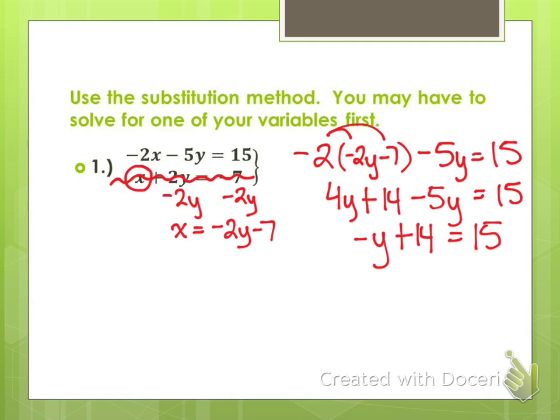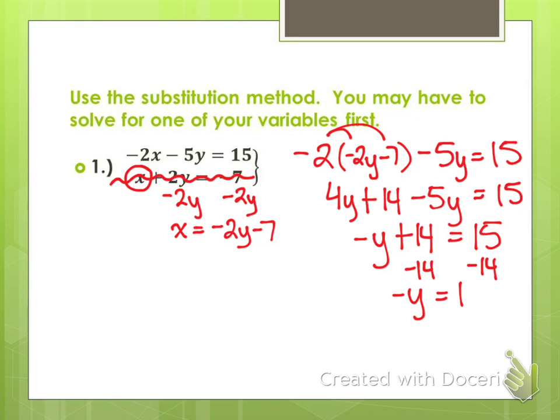All right, we need to keep on solving. Any new hands want to help me out with solving the rest of this? Lexi? Good. That gives me -y equals 1. Am I finished?